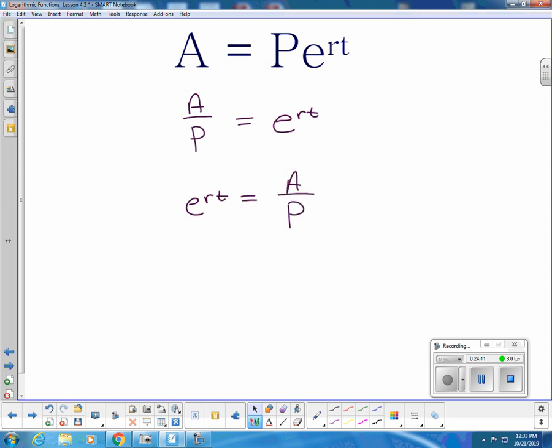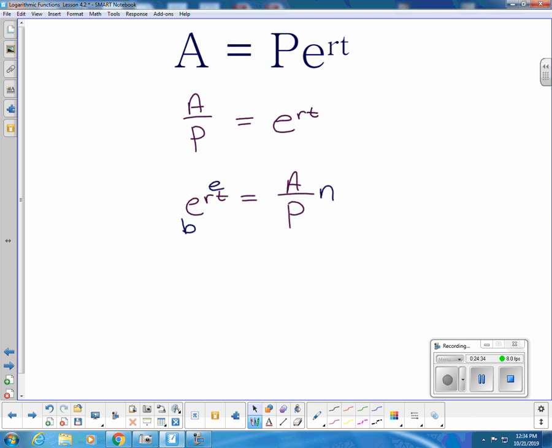Now, how can I rewrite that so the rt is a number? How can I get rt down as a base number? Take the log of it. We can rewrite it as a log, because look, this is the b, this is the e, this is the n.